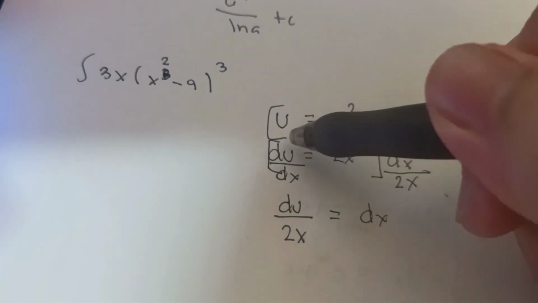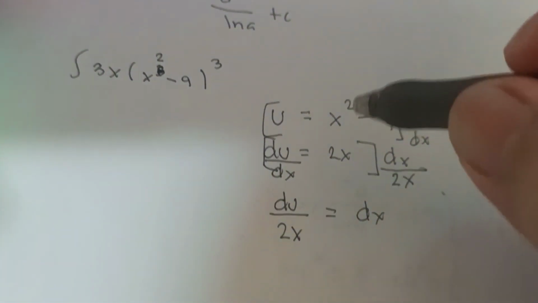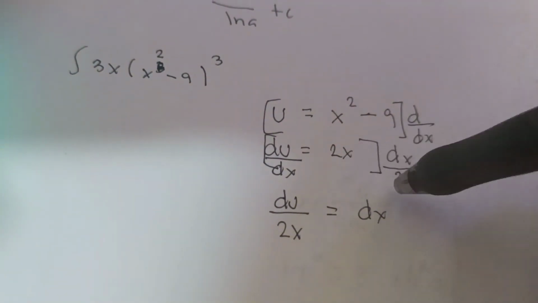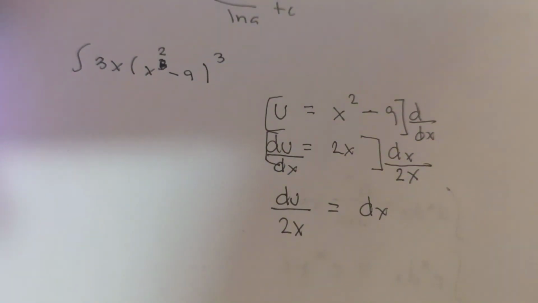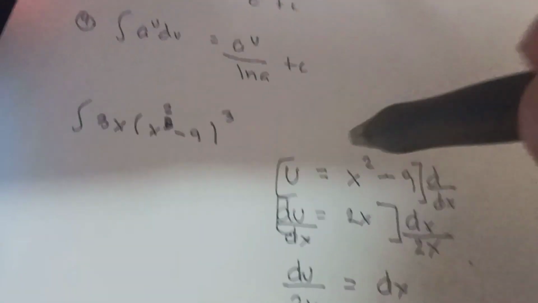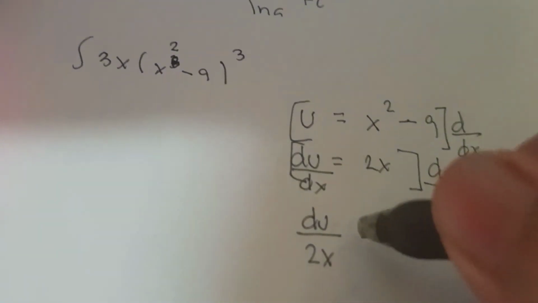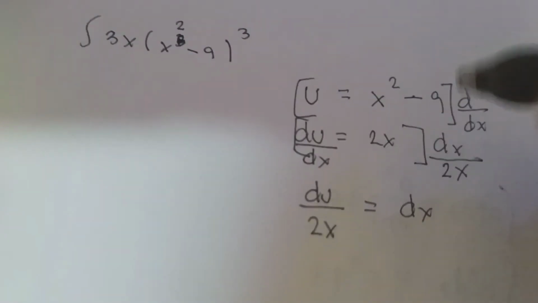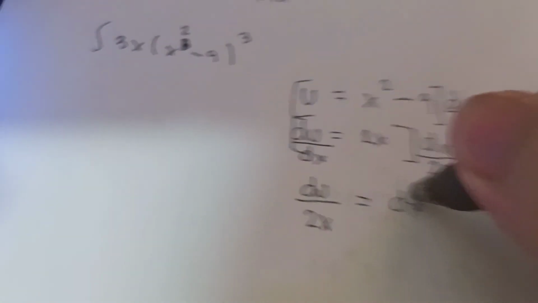So in order to cancel this, we have to multiply our equation with dx, and now just take out the 2x here. Through that, here's what we got, du over 2x, and on the other side, instead of 2x here, we're gonna be placing dx here.